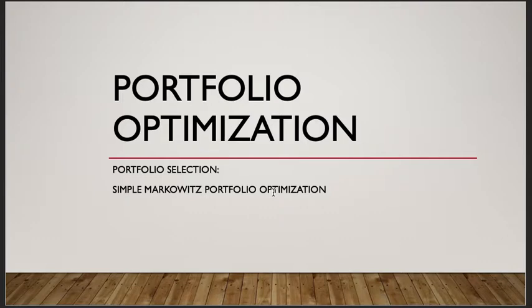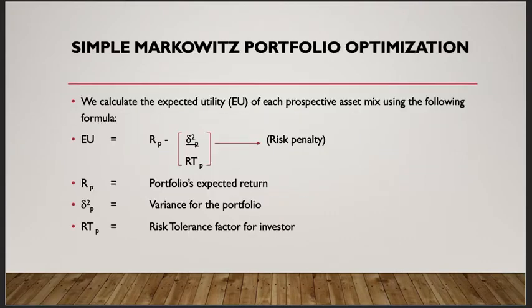So we start with the simple Markowitz portfolio optimization. To calculate which one is the most optimized portfolio using simple Markowitz portfolio optimization, we are going to calculate the expected utility, EU, of each prospective asset mix using the following formula.